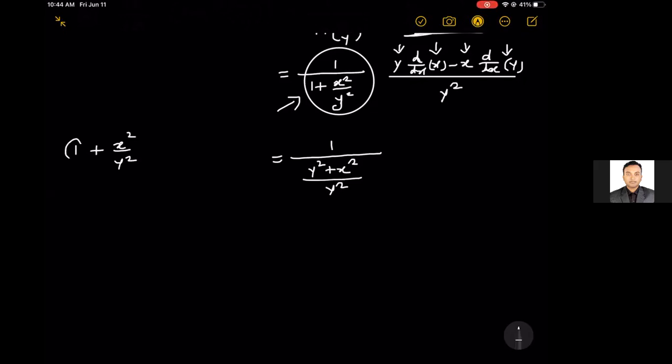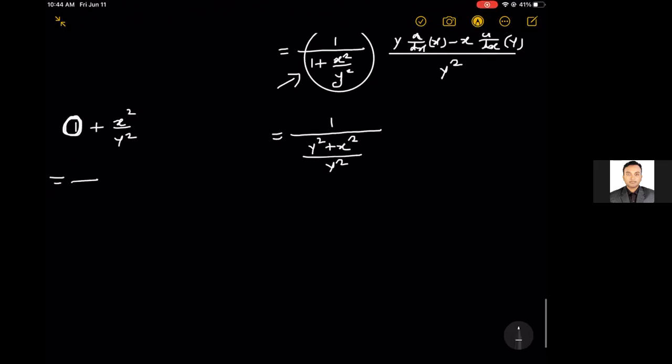I want to have y squared for this first term in the denominator. So what I'm doing is I'm multiplying and dividing by y squared, because in return it actually gives me 1, right? I can do that.